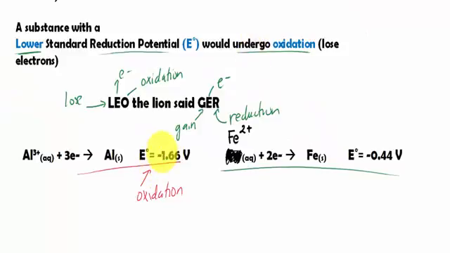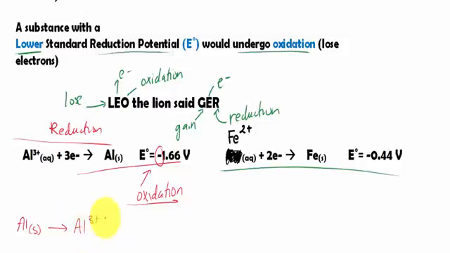Now, what does that mean for this sign? Because this is in reduction form, to make it oxidation, you would do the opposite, because oxidation is the opposite of reduction. So we would have Al solid equal to Al 3 plus plus 3 electrons, and this is in aqueous state. But what happened to the standard reduction potential?